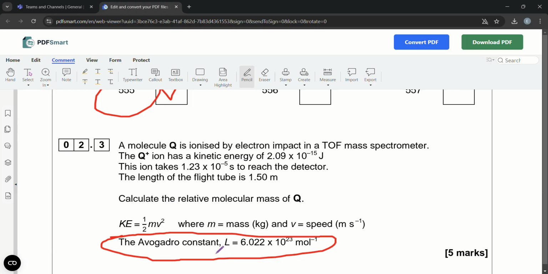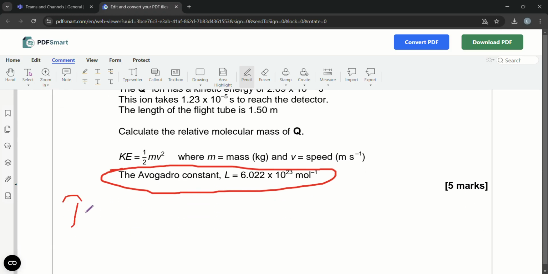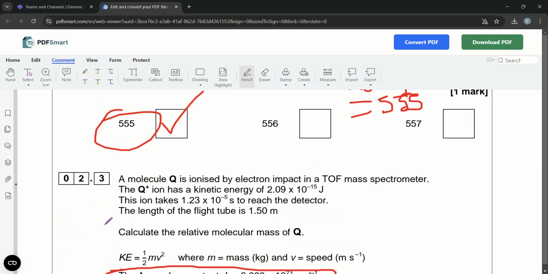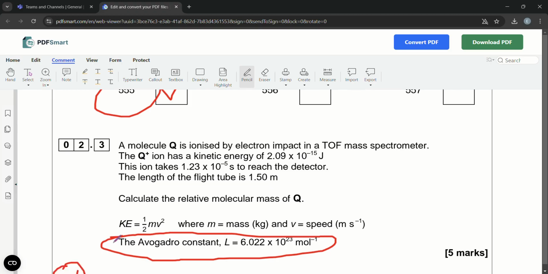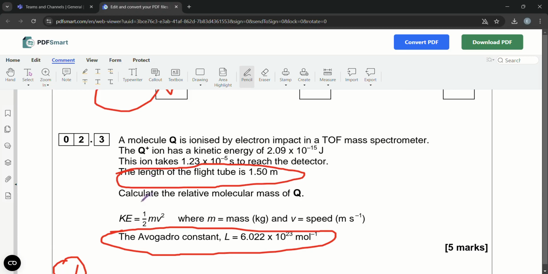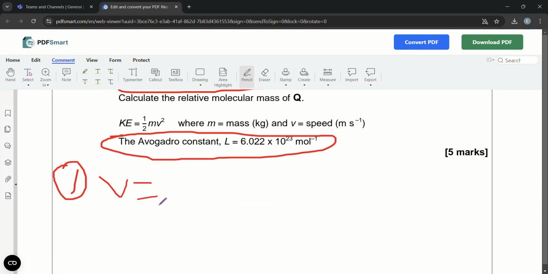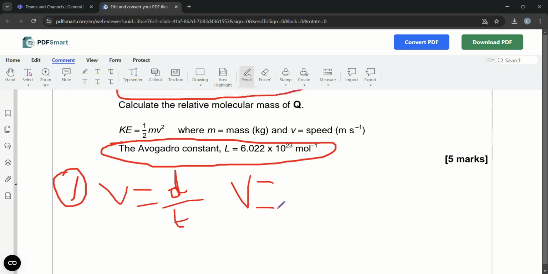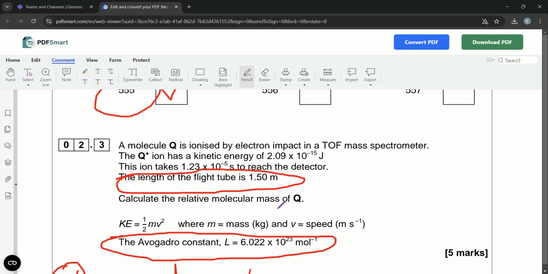So first things first, we need to find the mass of Q. We've got the length of the tube, and we need to know the velocity. Velocity is equal to distance over time.